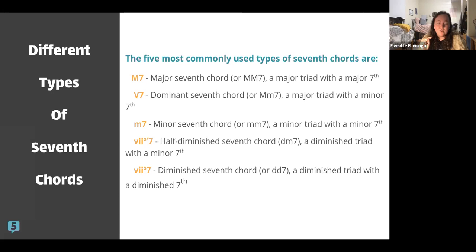But for the listening on the test, you just have to do regular triads. So they'll ask you, is this triad major, minor, augmented, or diminished? So you'll have to identify what you hear. But it's not seventh chords, it's triads for that one.